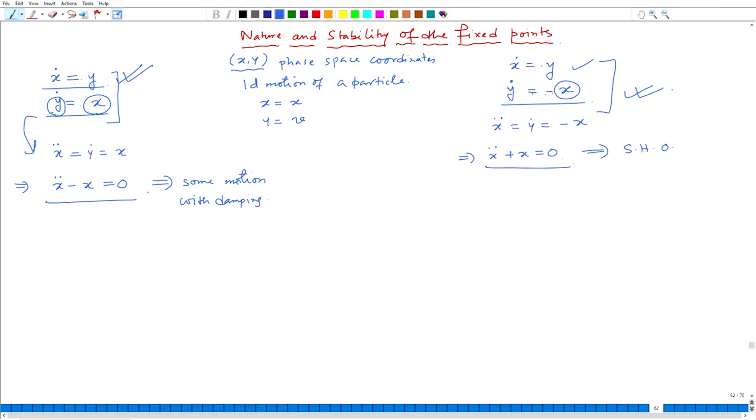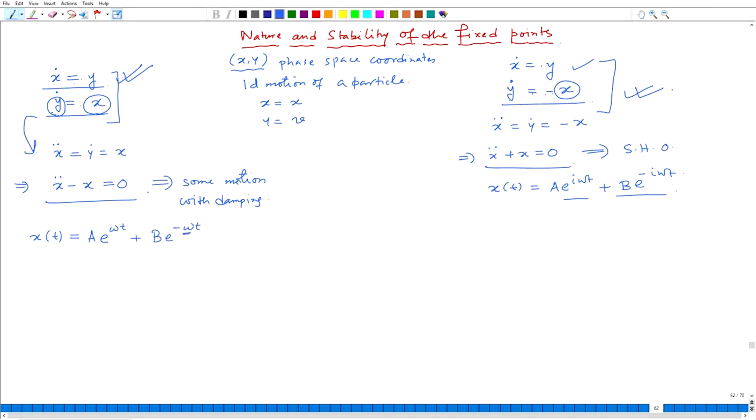In this one, the solution x as a function of t is given by a e to the power I omega t. They are just the cosine and sine type of functions, and you can also write in terms of complex variables: a e to the power I omega t plus b e to the power minus I omega t. Here you can write x as a function of t is equal to a e to the power omega t plus b e to the power minus omega t.